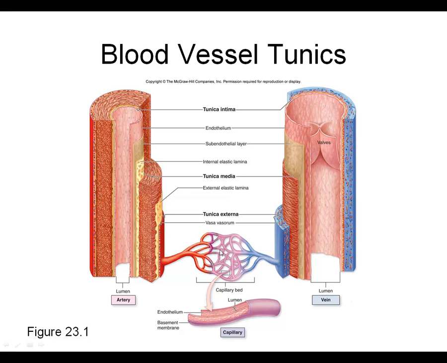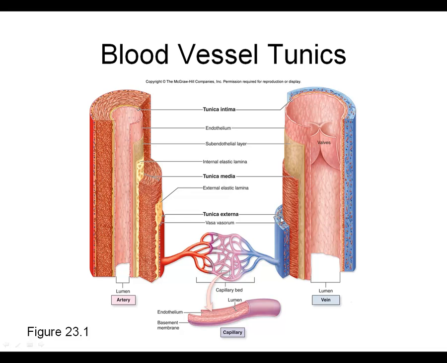Get that? So that's our first layer, the tunica externa, which is connective tissue to anchor the blood vessels. It doesn't really offer much support to the blood vessel, very little support, but it offers support by anchoring the structure, not like hydrostatic support to the blood vessel itself.